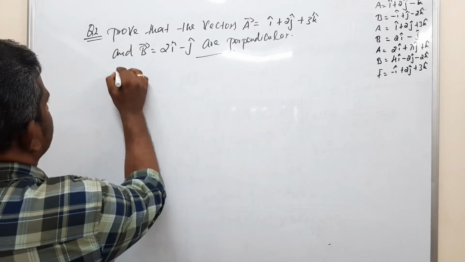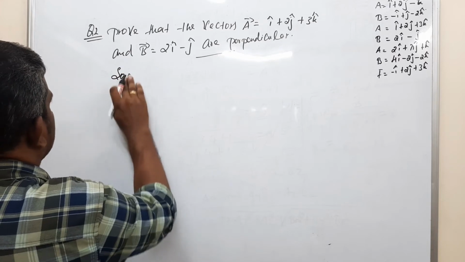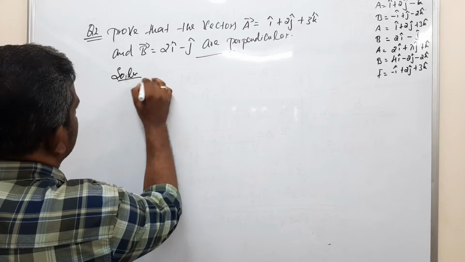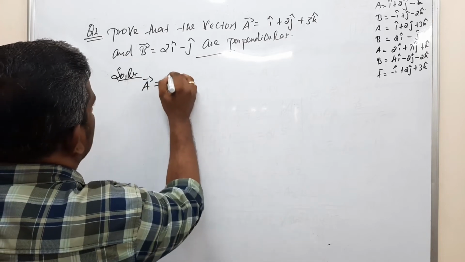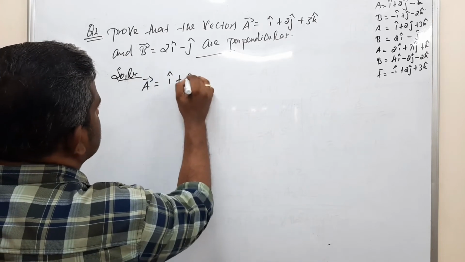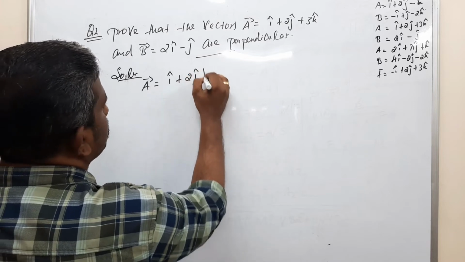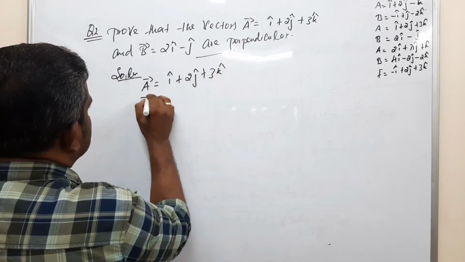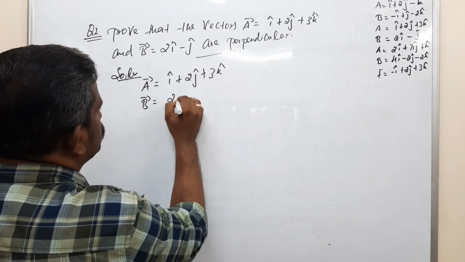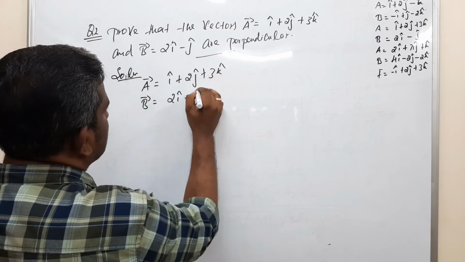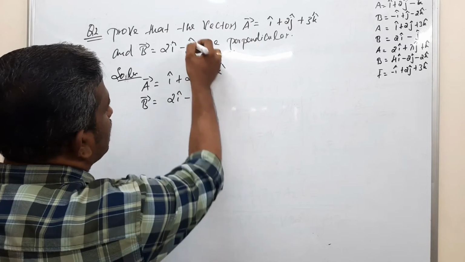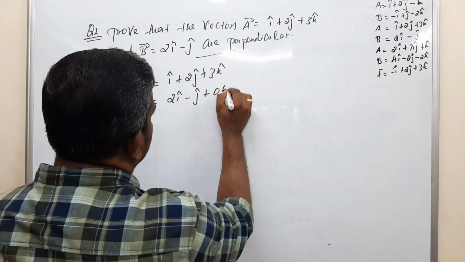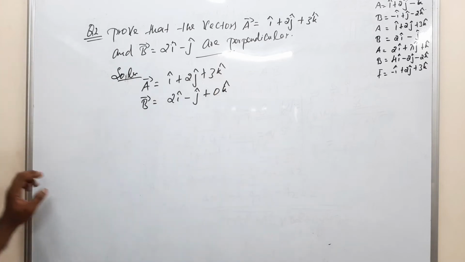So solution. A vector is equal to I cap plus 2j cap plus 3k cap. B vector is equal to 2I cap minus j cap plus 0k cap.